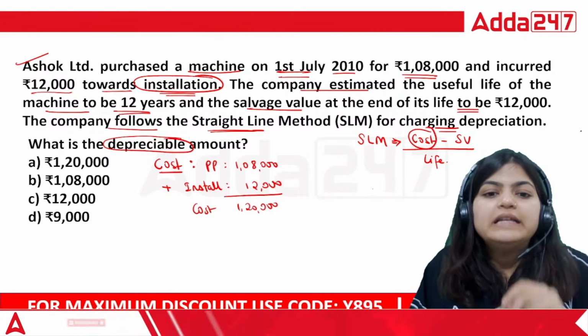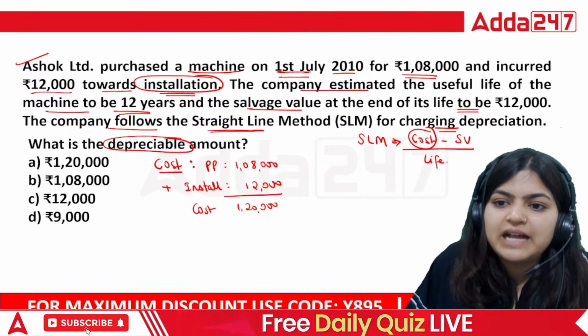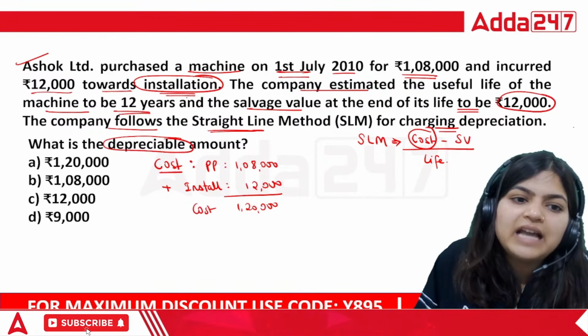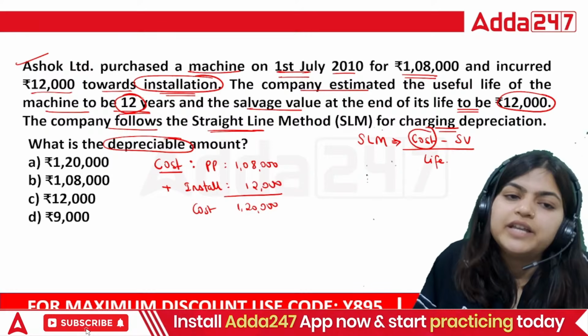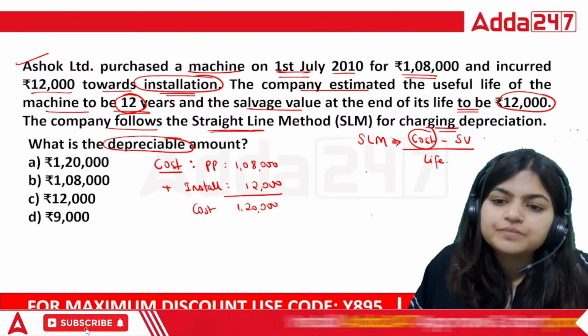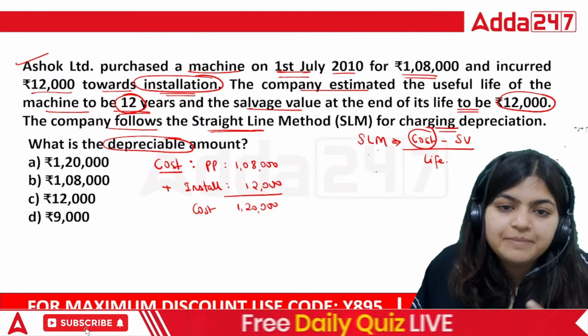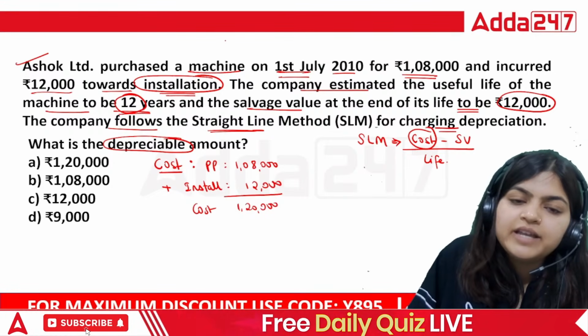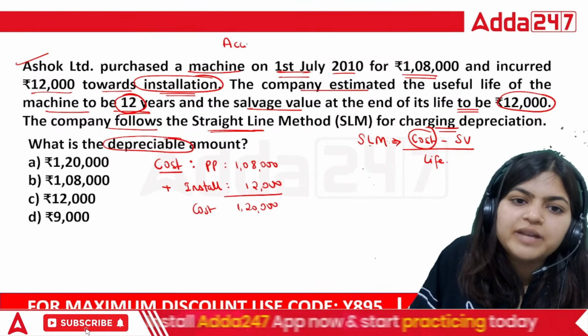Next thing, salvage value is given, that is 12,000. Okay, and life of the asset is 12 years. Now here remember one thing, in India we follow the accounting period concept.